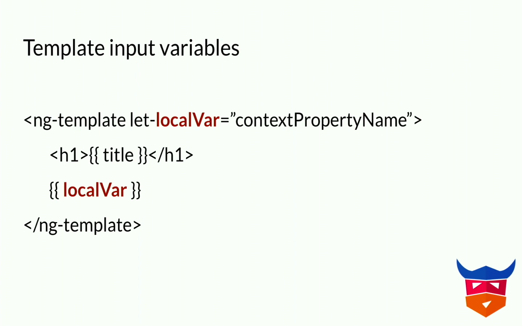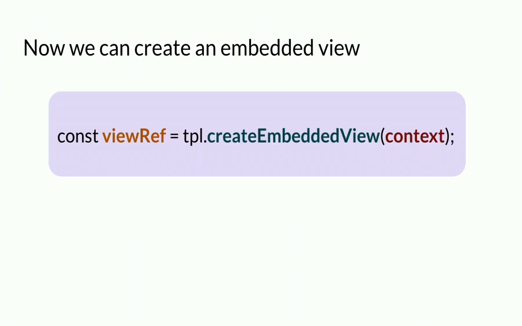So it will have access to any of the template reference variables that have been declared on the component template, as well as have access to the component class instance. But ng-template also has template input variables, which let us access the properties that have been made available when creating the template, when creating the view.